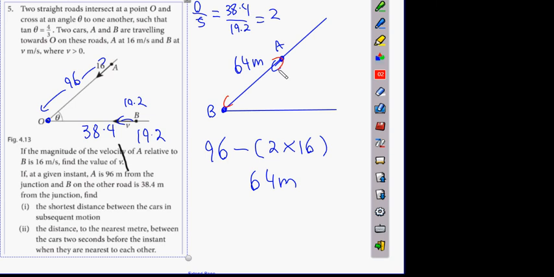Okay, so I have to go back to VAB, what we did earlier, the velocity of A relative to B. So we know that VA is, what did we say VA was again?